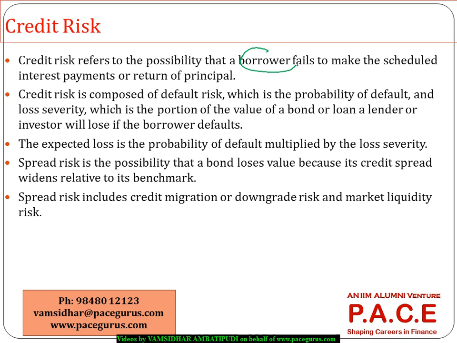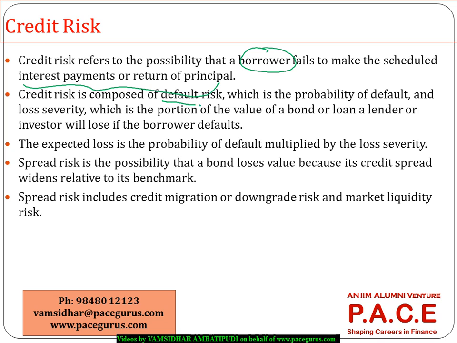When any borrower from us fails to make interest and principal payments on time. Even time matters, right? Even if he is paying with a 1 month delay, we are still exposed to credit risk. It's not just about him not paying the interest and principal; even not getting paid on time is also a case of default itself.